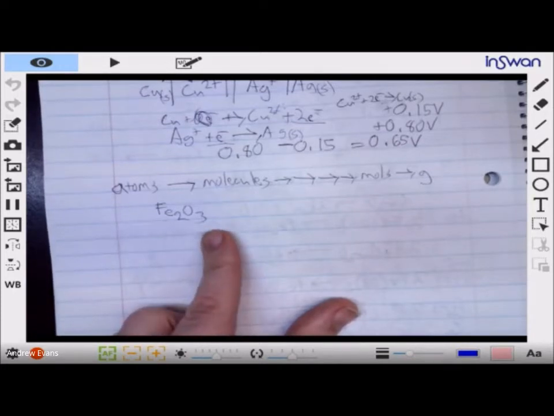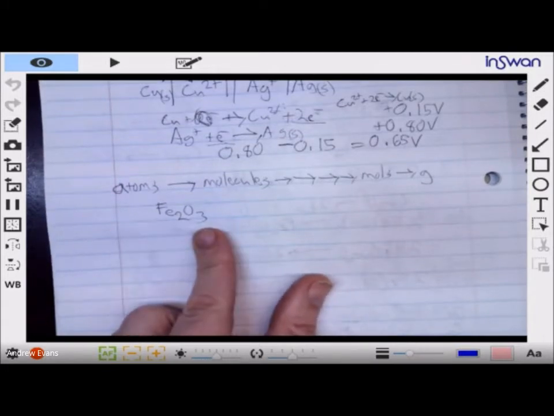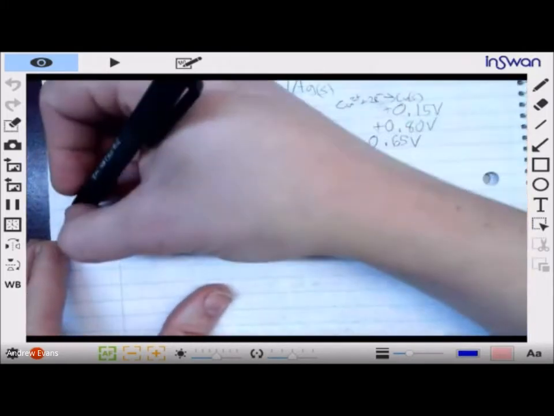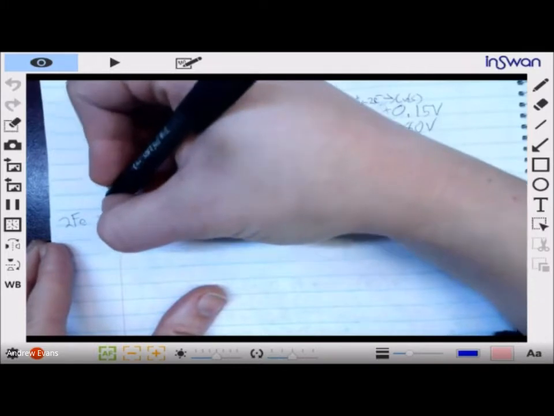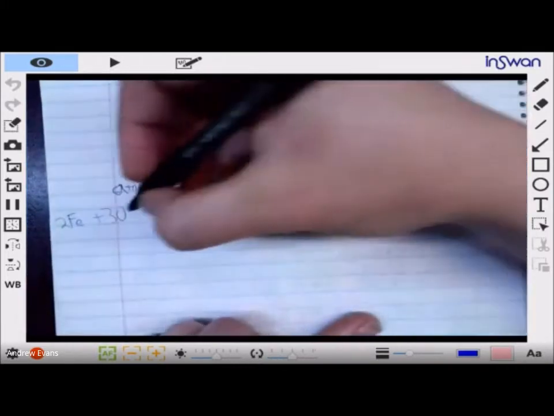If I look at an individual molecular level, it's one molecule. But on an atomic level, there's 2 iron atoms and 3 oxygen atoms.